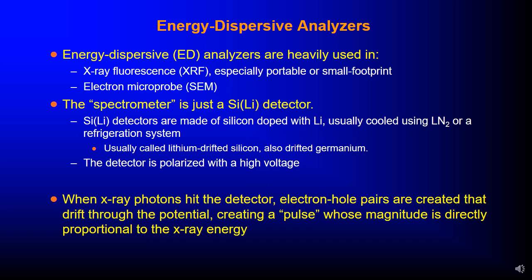The detector is polarized with a high voltage. When X-ray photons hit the detector, electron-hole pairs are created that drift through the potential, creating a pulse whose magnitude is directly proportional to the X-ray energy.